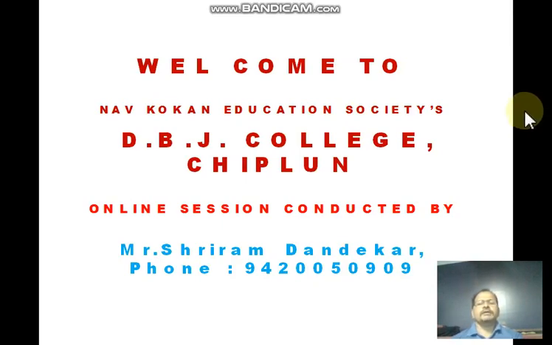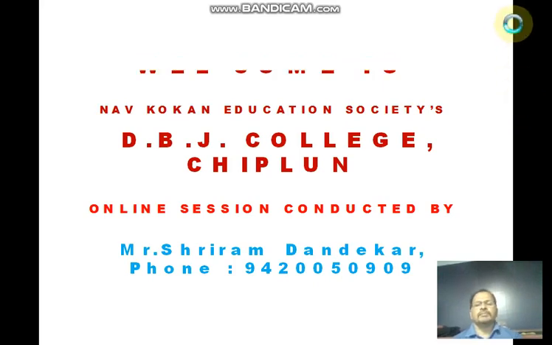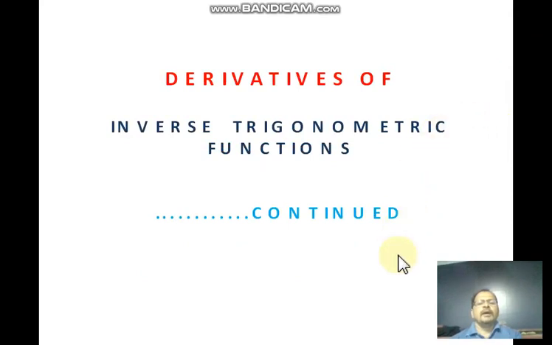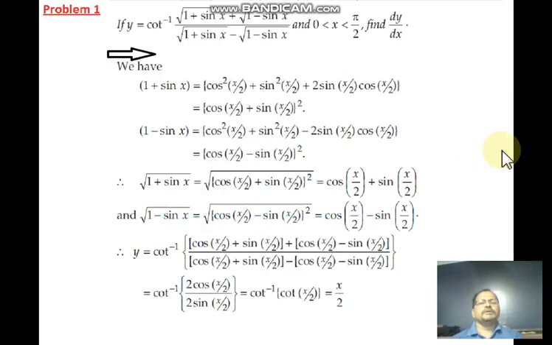We are studying the derivatives of inverse trigonometric functions. In that we studied one problem in the last session. Let us continue with the same problem with a different method.